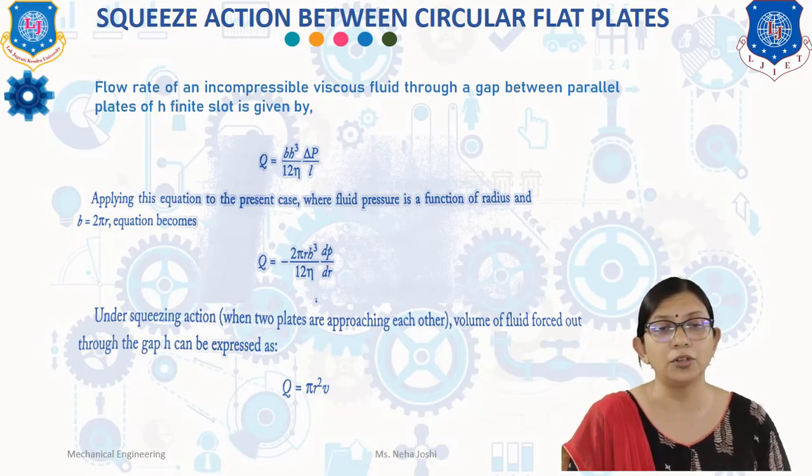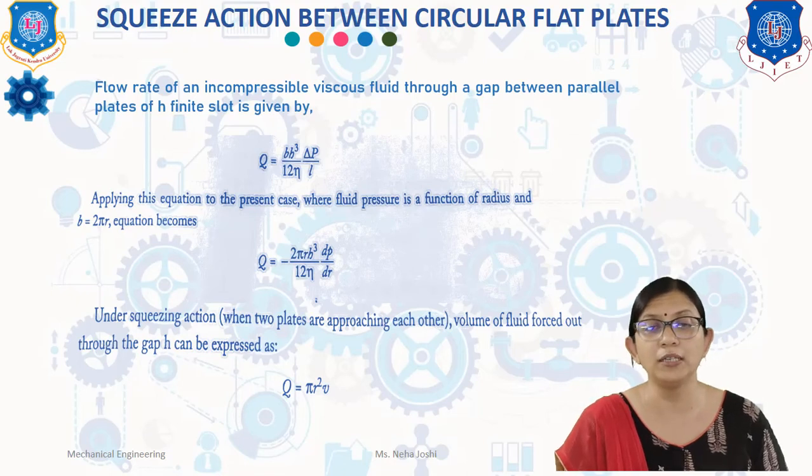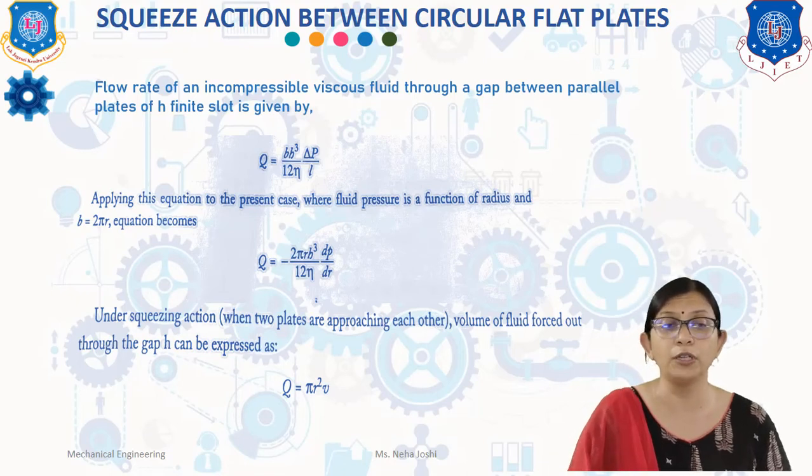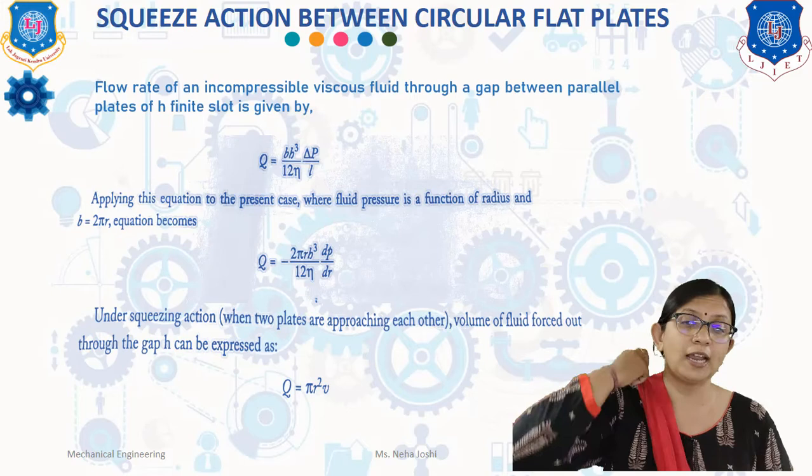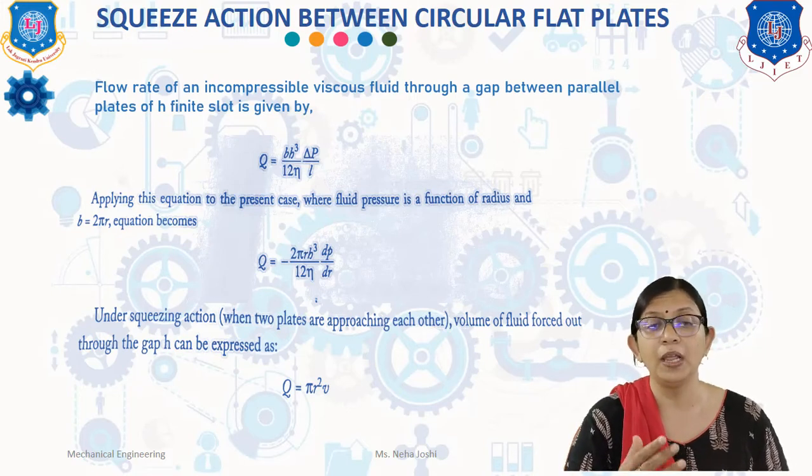Under squeezing action, when two plates are approaching each other, the volume of fluid forced out through the gap h can be expressed by the equation Q = πr² V.